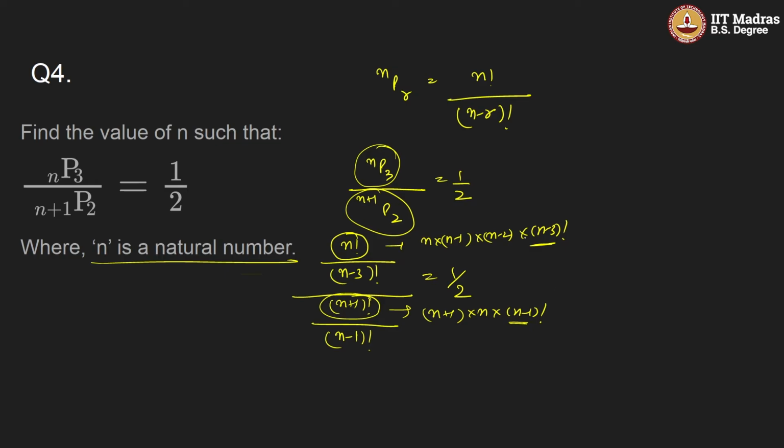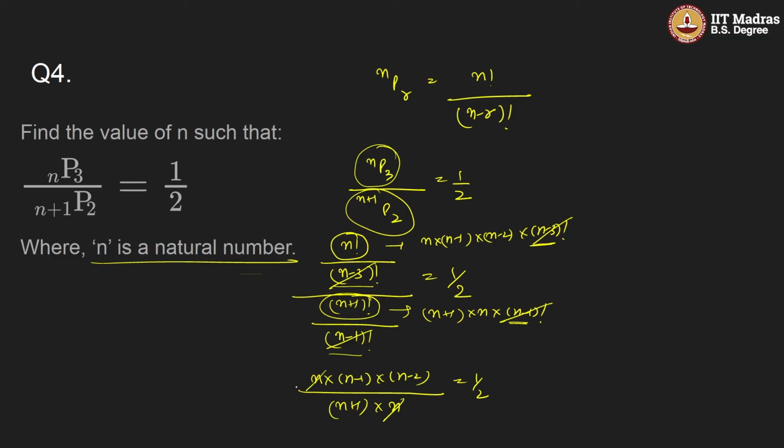Why? Because in the denominator we can see (n minus 3) factorial and (n minus 1) factorial are there. So these values can get cancelled. So the remaining part is n into (n minus 1) into (n minus 2) divided by (n+1) into n, which is equal to 1 by 2.